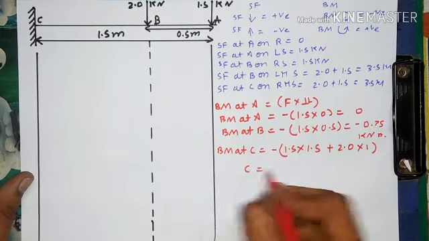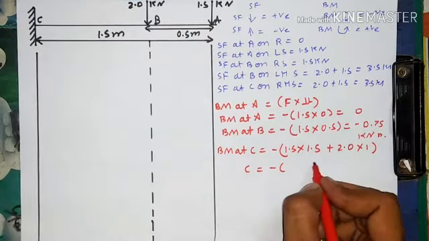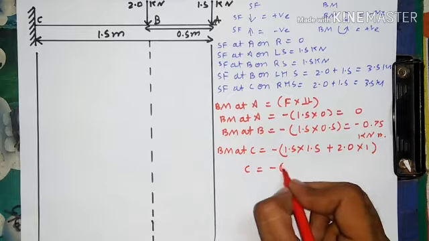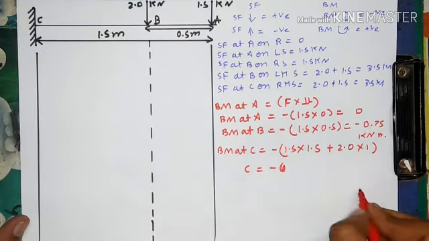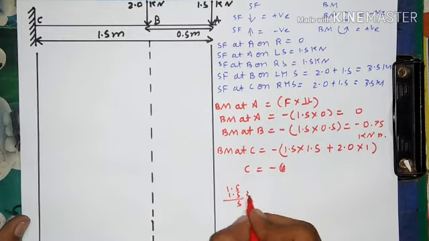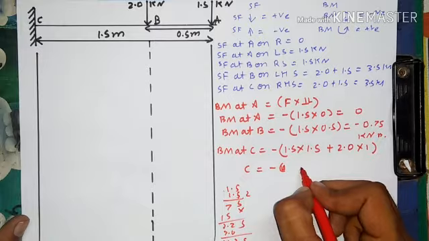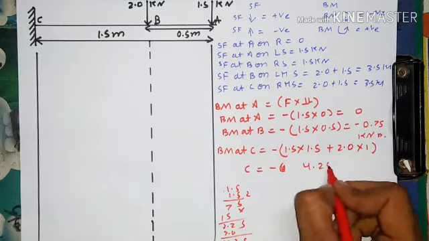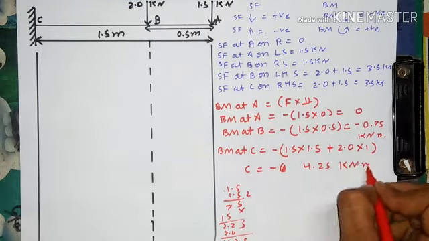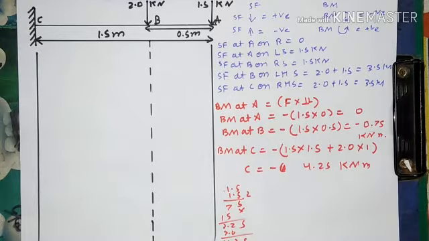So bending moment at point C is, let us solve it here. 1.5 times 1.5 is 2.25, and 2 plus 2.25 is 4.25. Bending moment at point C is 4.25 kilonewton meter. This value is put in the diagram.